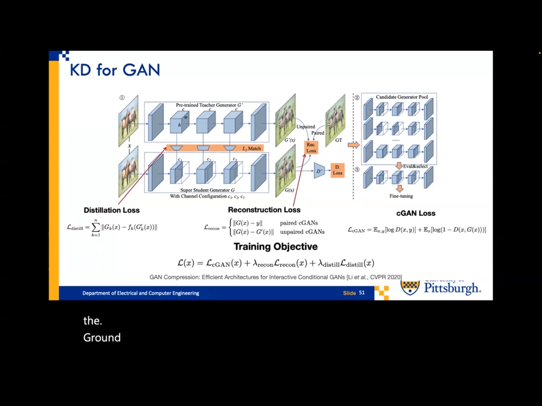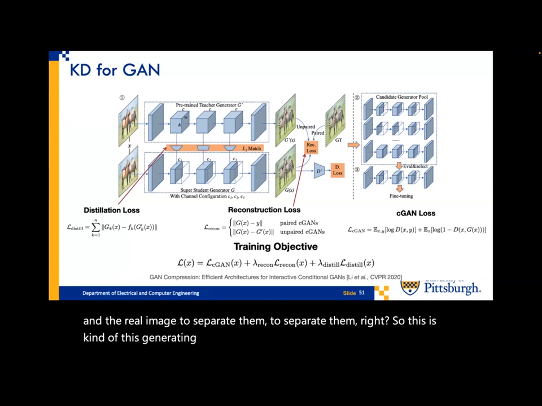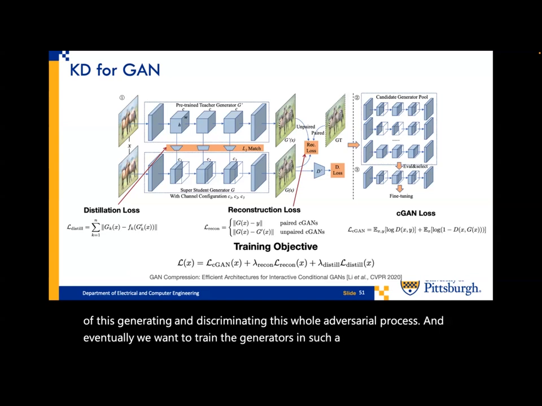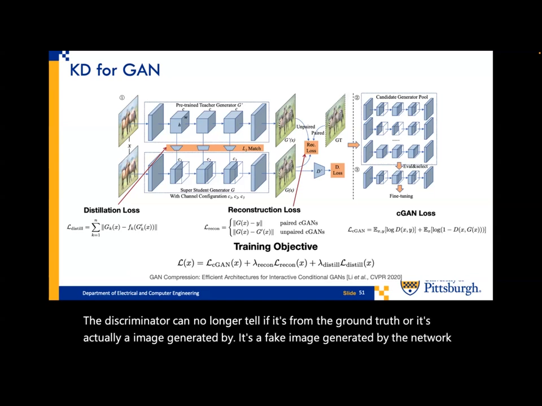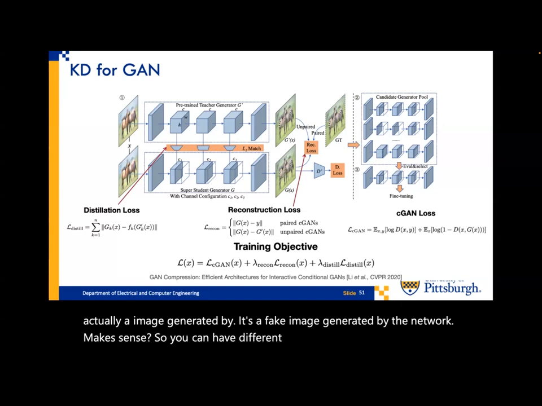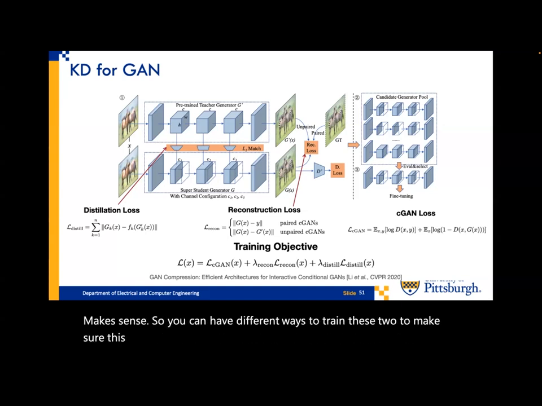And the discriminator is trained to tell the fake image and the real image apart, to separate them. So this is this whole adversarial process of generating and discriminating. Eventually, we want to train the generator in such a way that the discriminator can no longer tell if it's from the grounded truth or it's a fake image generated by the network. Make sense? You can have different ways to train these two to make sure the generator can produce an image that is very hard for the discriminator to tell.